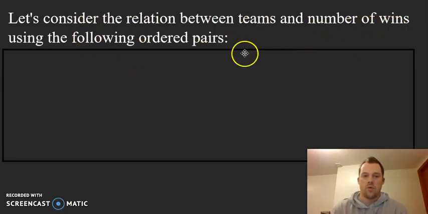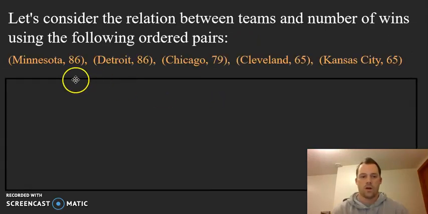We can still set up ordered pairs even though we don't have numerical values for our domain, because there's still a relation between the two. So we write it like a normal ordered pair. I just wrote it in order of what the standing showed on the previous slide. So you see that Minnesota relates to 86 because they had 86 wins, and so on.